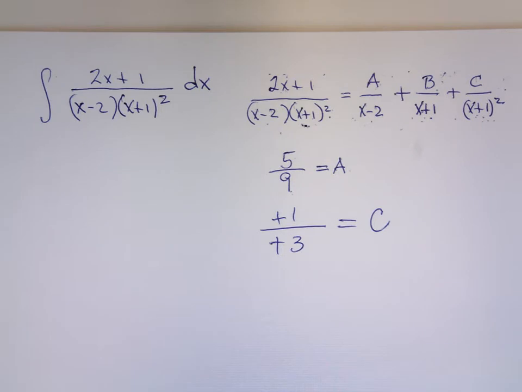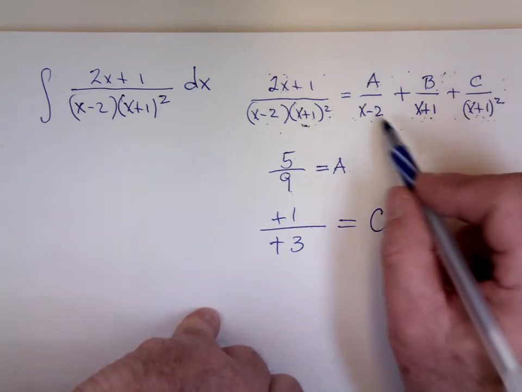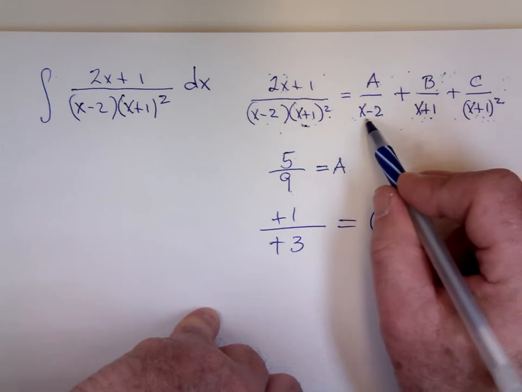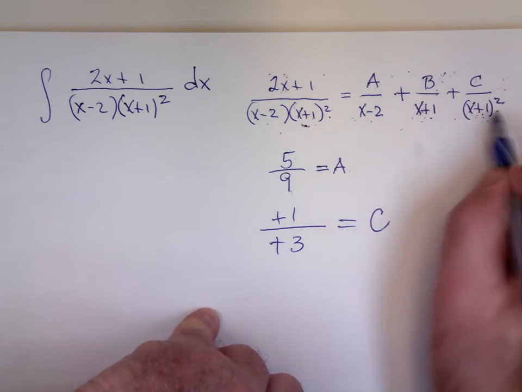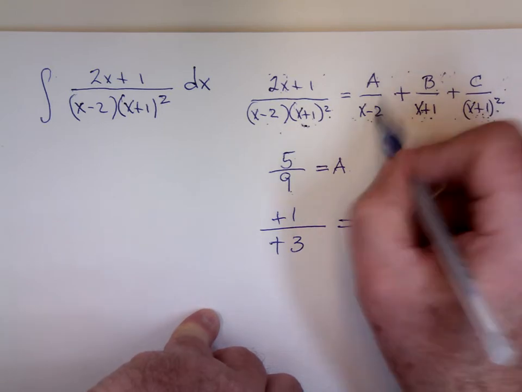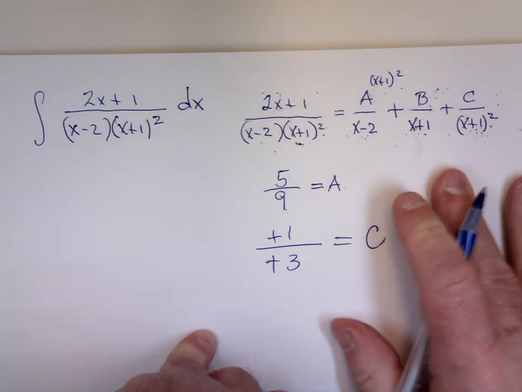Now, we have to get B. You just plug it in and find B. Well, here's what we're going to do. That's what it amounts to. Here's what you're going to have to do. The lowest common denominator of these three is x minus 2, x plus 1 squared. The product of this with that. In other words, this A would have to get multiplied by x plus 1 squared. Numerator and denominator.